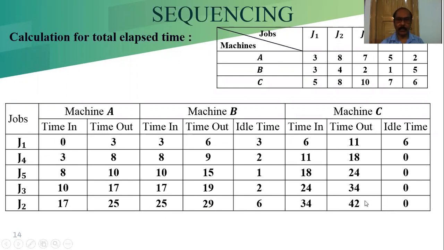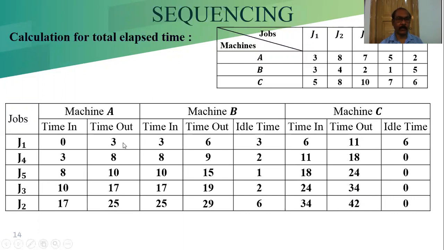Now we check that 42 hours is the elapsed time, and the idle time for the machine A. For the machine A, timeout for the job J2 is 25. After that, it is waiting for the next lot of the job, and job 2 is completed in the machine C. That is the timeout in the machine C, 42 hours.